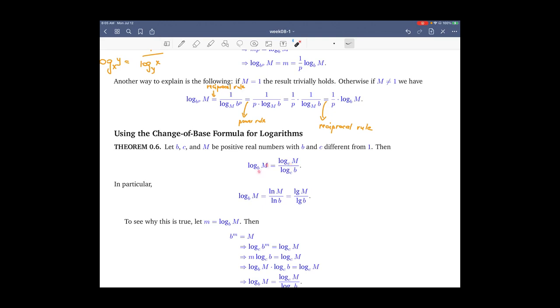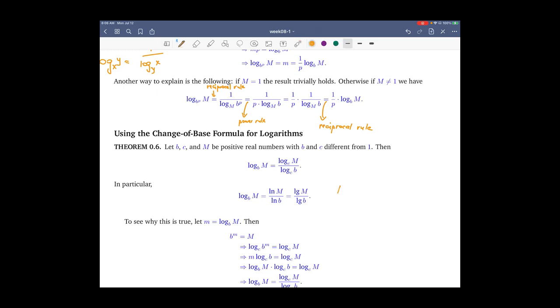Log M base B is the quotient log M base C over log B base C. Of course, here again, B is positive, not 1, C is positive other than 1, M is positive.